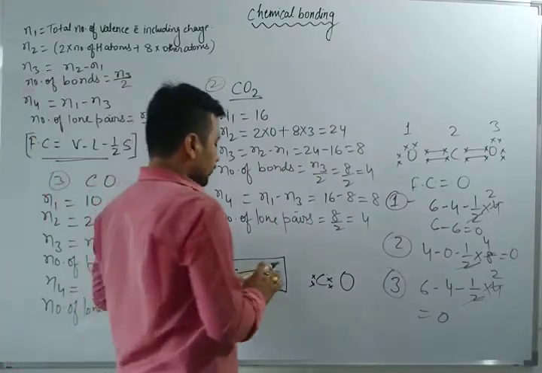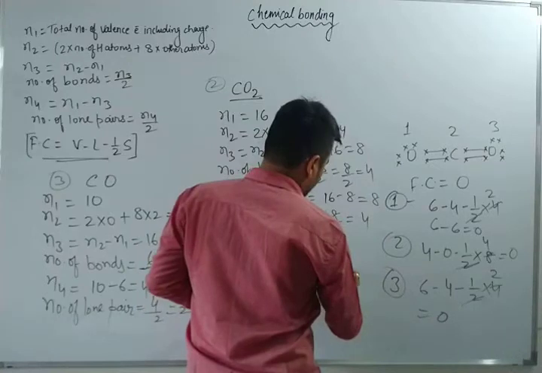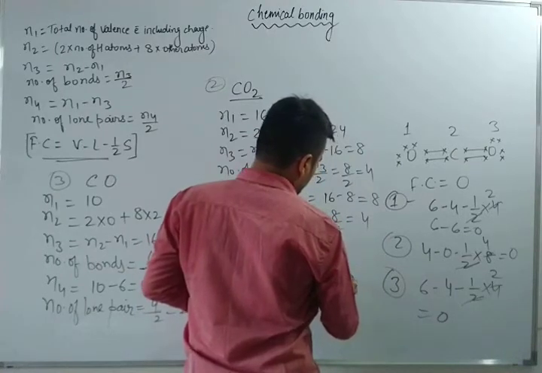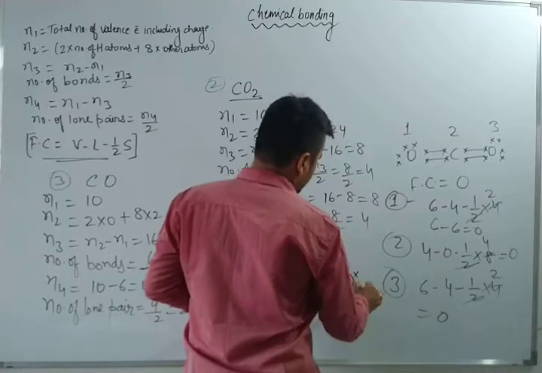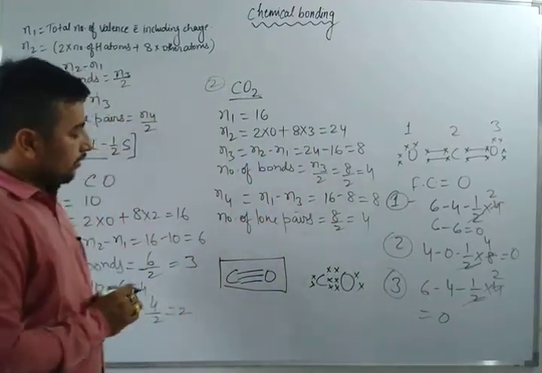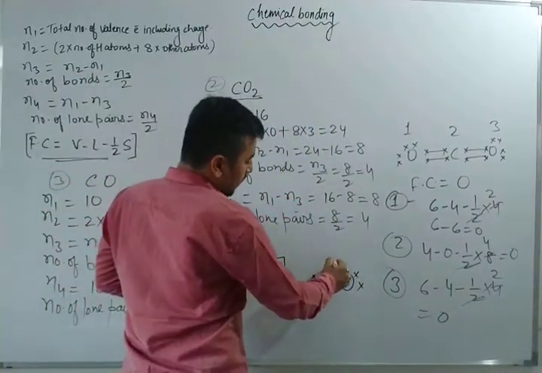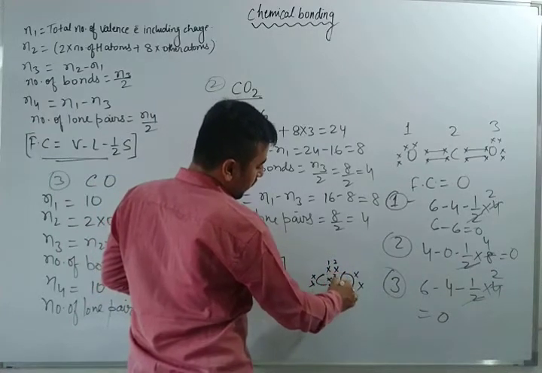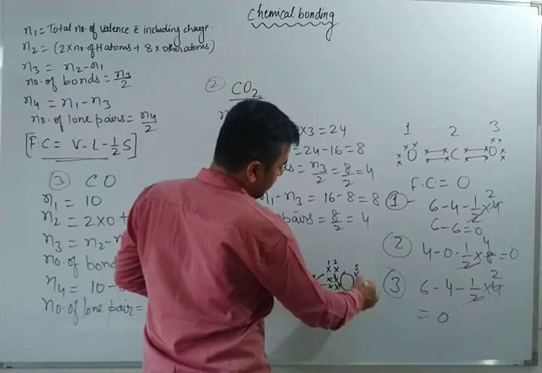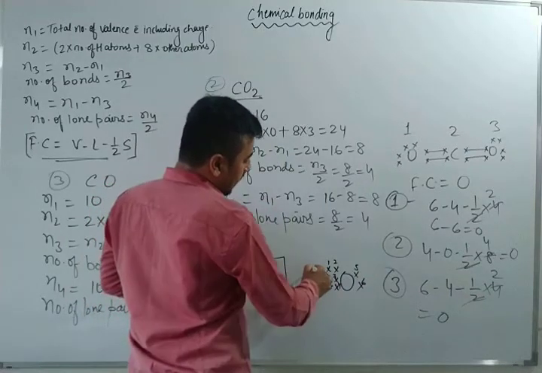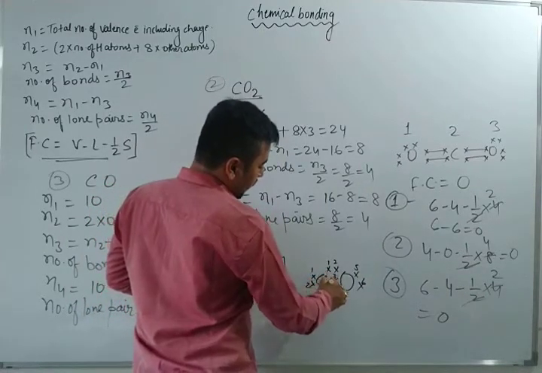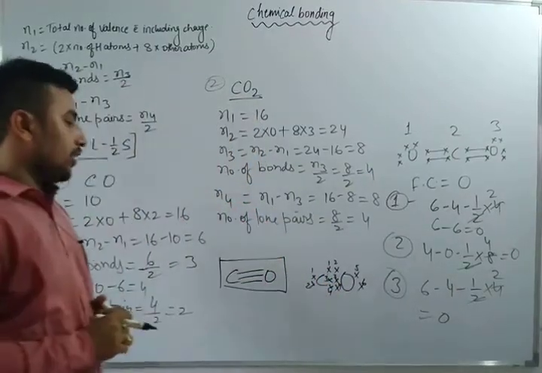Just suppose 1, 2, 3, 4, 5, 6. 1, 2, 3, 4, 5, 6. These 6 valence electrons of oxygen and 1, 2, 3, 4, these 4 valence electrons of carbon.